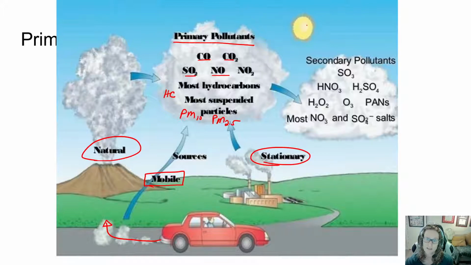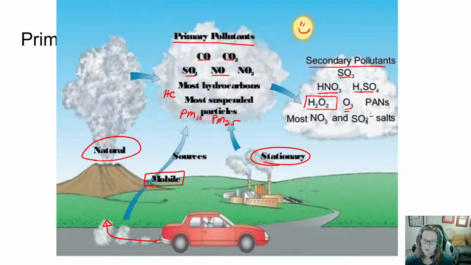But then they have to react with the sun to become these secondary pollutants. And so most of these are man-made and formed, and they're usually a little bit worse than the primary pollutants. So they're more complicated chemicals. We've got this sulfur trioxide, nitric acids. I don't know why I said oxides. Sulfuric acid, H2O2 is a peroxide.